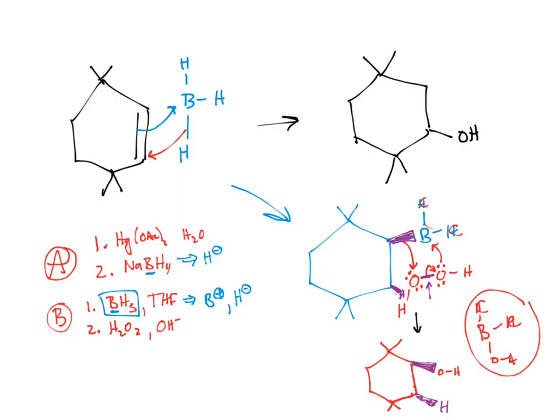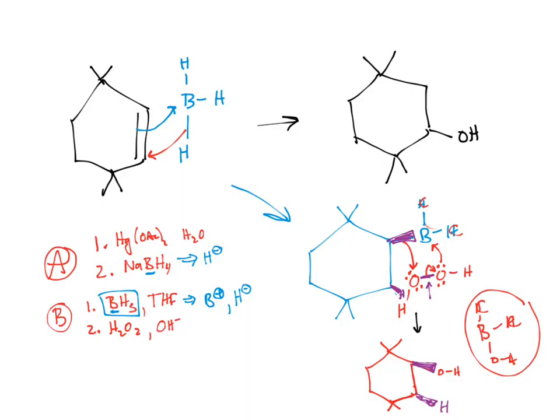Okay. So, big lesson with our boron, we add the H and the OH. Next big lesson with this, syn addition. It actually adds the hydrogen and the OH the opposite direction of the mercury reaction. Why?